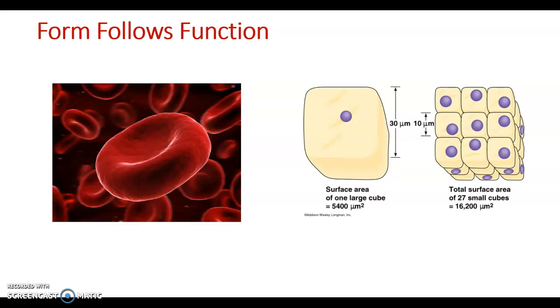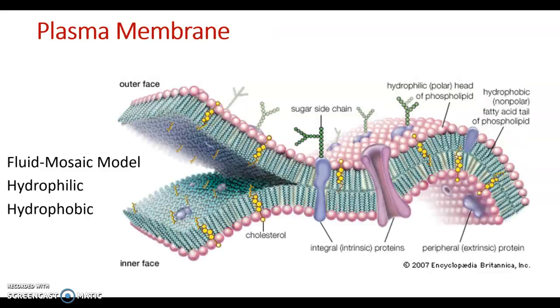So making these cells more specialized and efficient also decreases the amount of energy that we have to spend maintaining and replicating those cells. So the fact that that cell has a specific shape that lends itself to that function is that idea of form follows function.